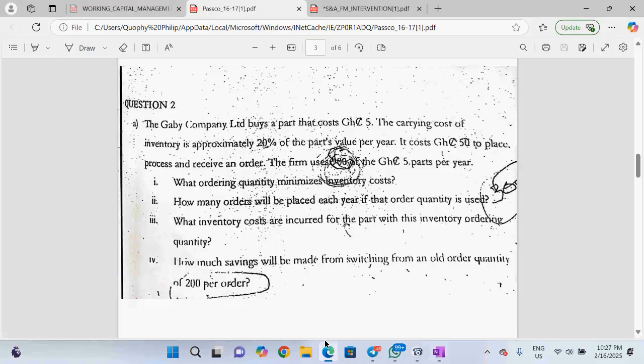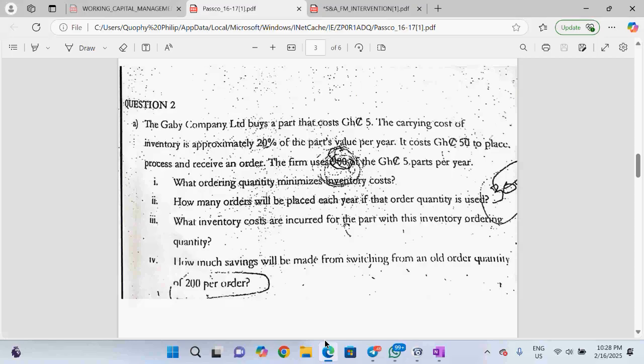Then he said that the carrying cost. What did I say about carrying cost? It's the same as the holding cost. Here they didn't use holding cost, they used carrying cost. So the carrying cost of inventory is approximately 20%.